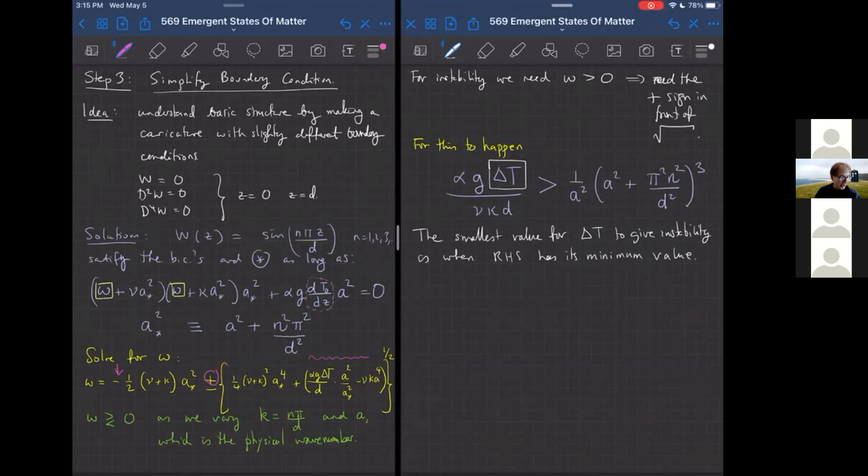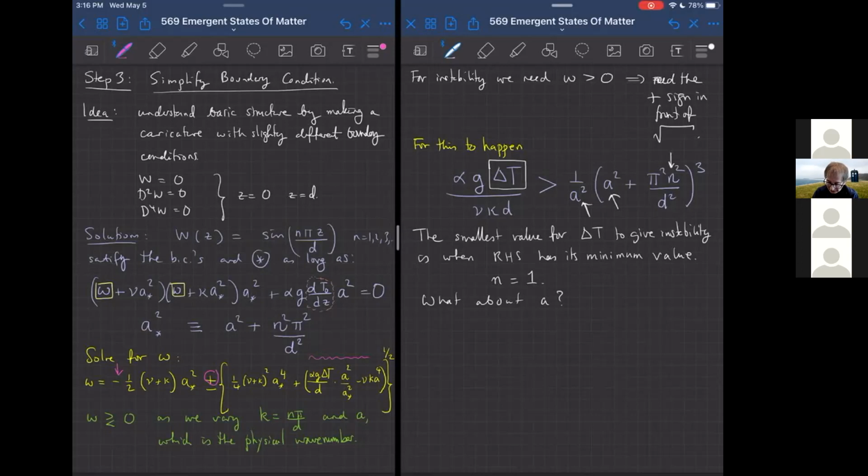And so we can see when that's going to be. That's definitely going to occur when n is equal to 1. And then what about a? Clearly making n equal to 1 will minimize this term over here. And then we also have this term over here and this term over here. So now we have to find out what is the smallest value of a.